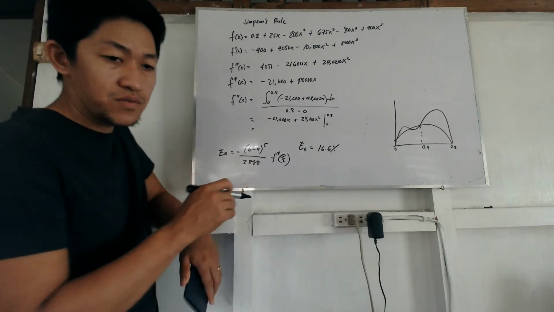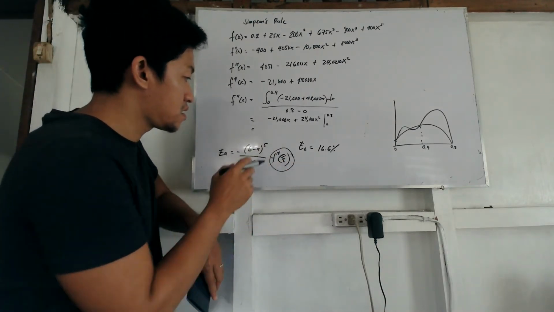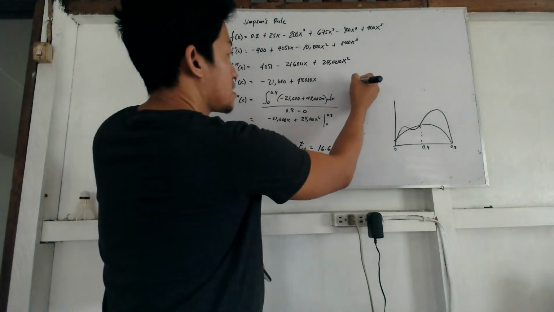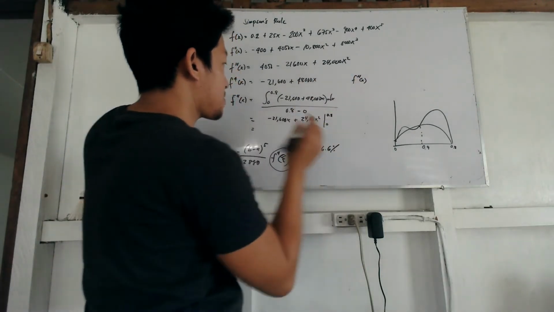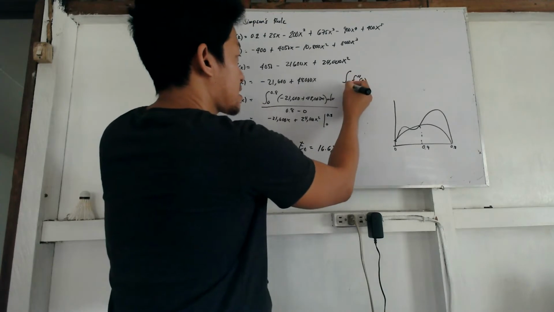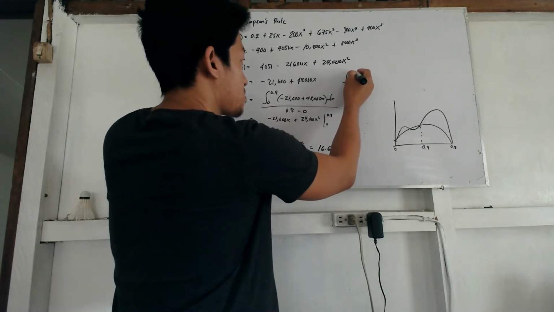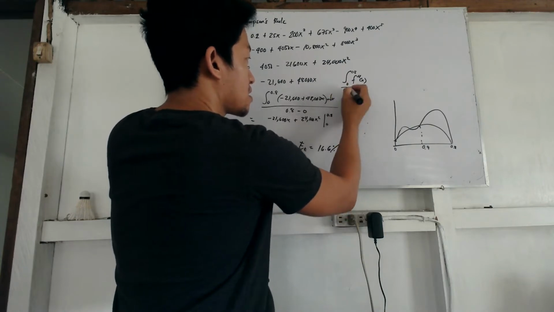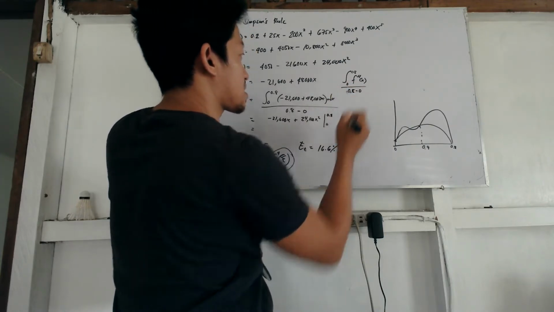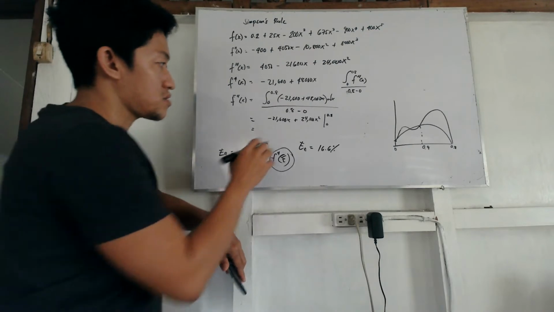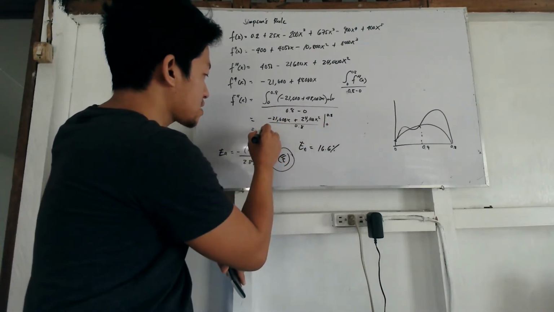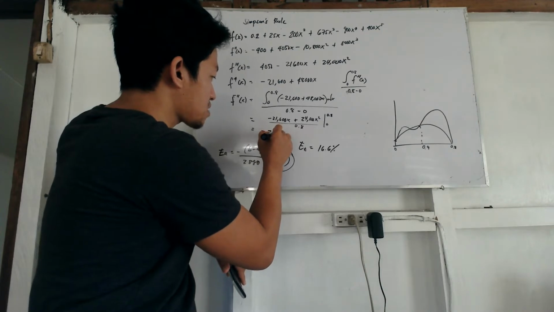So in order to evaluate this function, first we get the fourth derivative, and then integrate this one from 0 to 0.8 divided by b minus a, or 0.8 minus 0. If we evaluate this integral, this will give you negative 2,400.